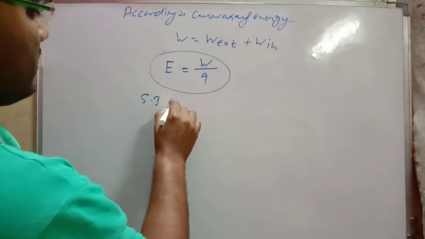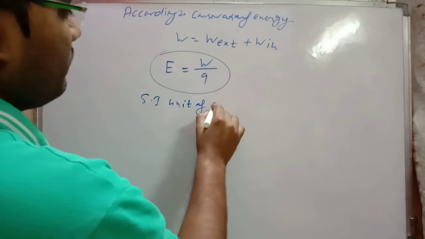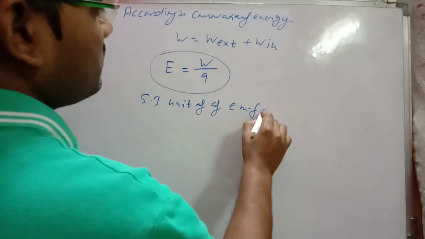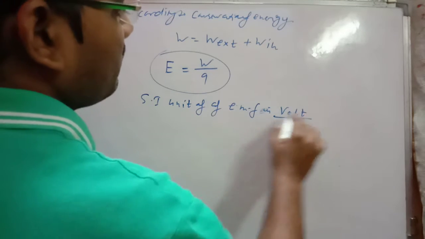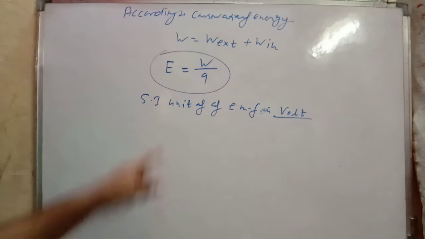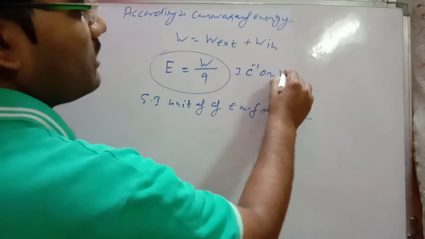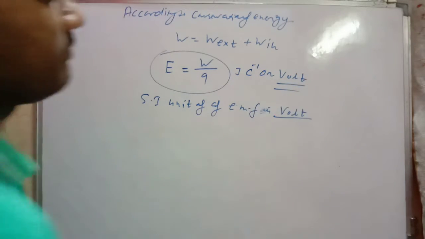The SI unit of EMF is volt. Here joule per coulomb, and joule per coulomb is also known as volt.